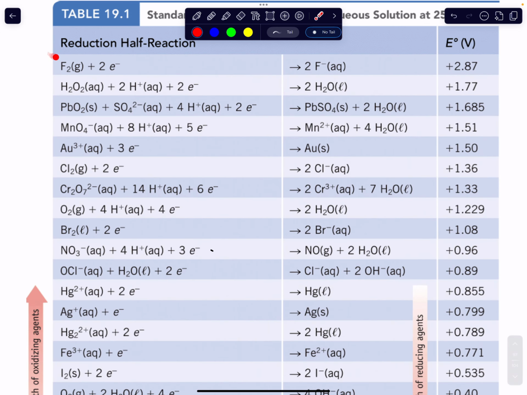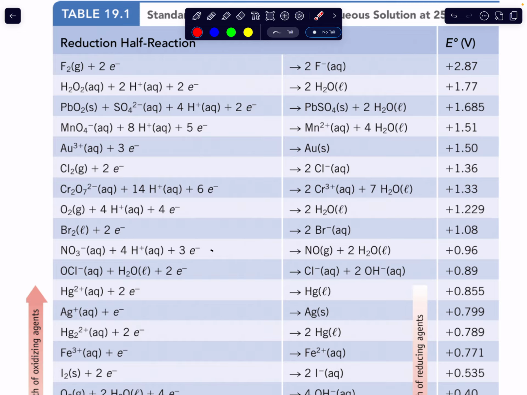The reason is that we put the table in terms of reduction half reactions, right? So the strongest oxidizing reagents are at the top of the table, meaning the species that want to undergo reduction.